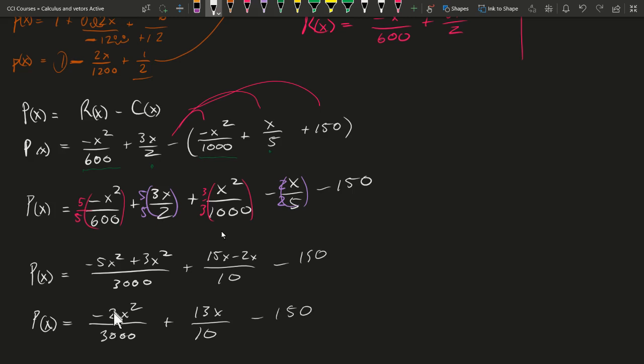Actually, this 2 over 3,000 I can change to 1 over 1,500, just divide each of those by 2. So there's my profit function.